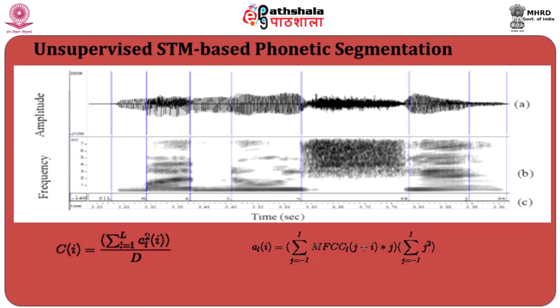What you can see here is a spectral variation which is very useful to detect phone boundaries. In A, you can see a time domain speech signal. B corresponds to the spectral variation, while in C, you can see the corresponding phoneme label for an utterance taken from a Gujarati database.